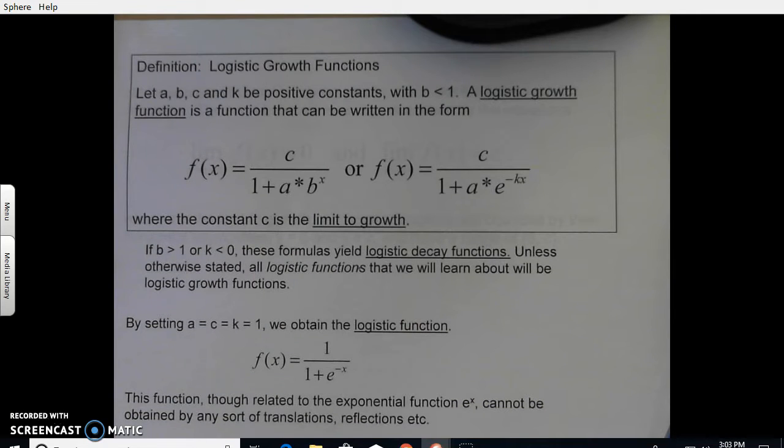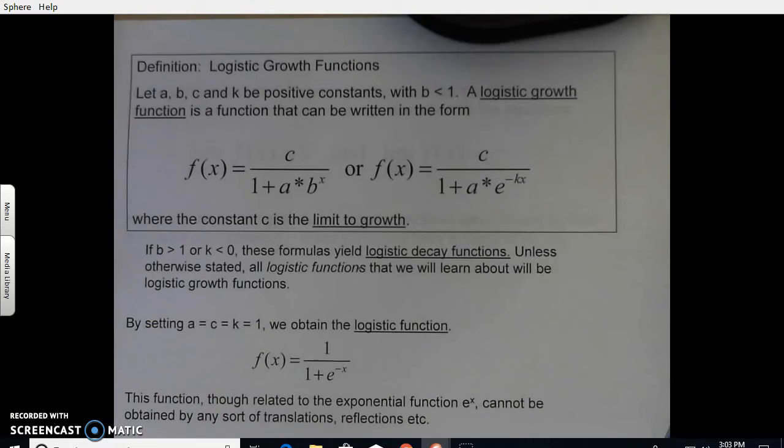If b is greater than 1 or k is less than 0, we have logistic decay functions. And unless otherwise stated, all logistic functions that we talk about will be logistic growth functions. We're going to be working with both.